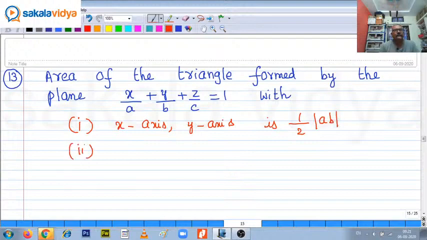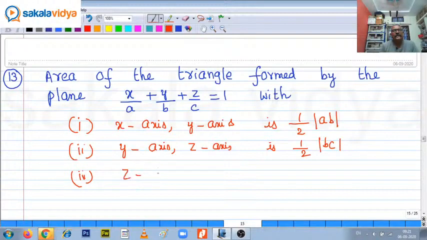Second point, with y-axis and z-axis is of mod BC. Z-axis and x-axis is of mod CA.